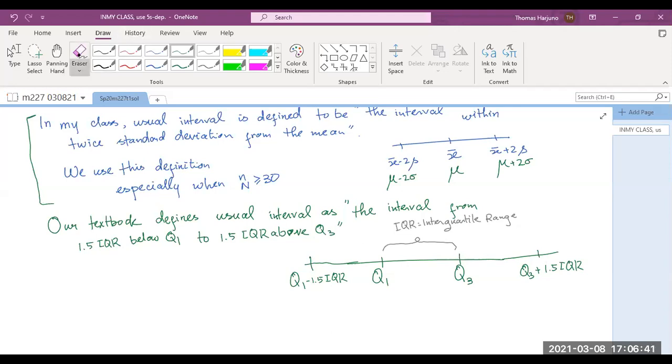Okay, now, but we usually use this green color one when the sample size is less than 30. Okay, let me change this to blue here.